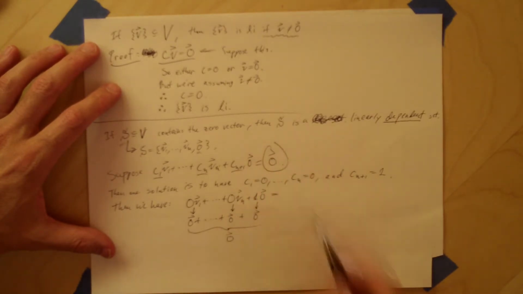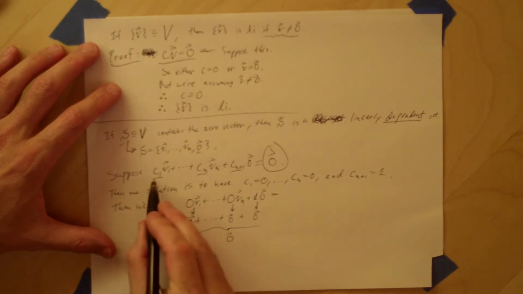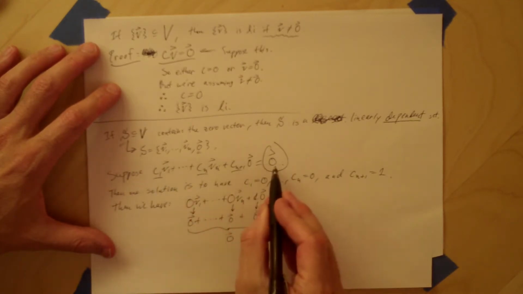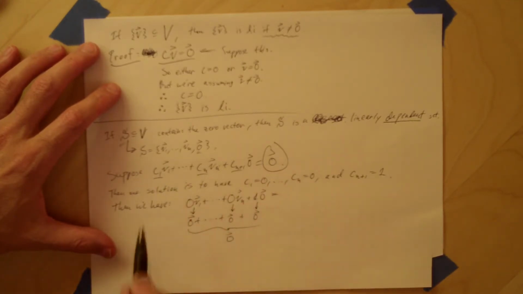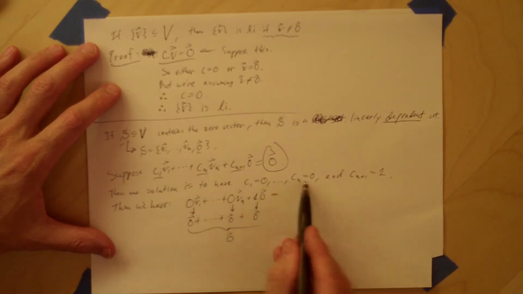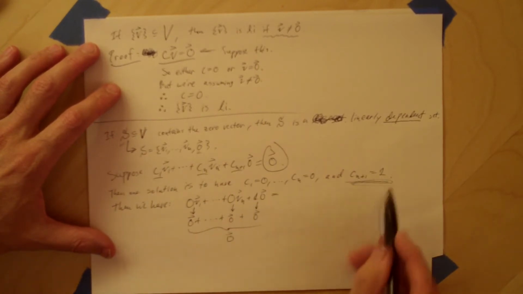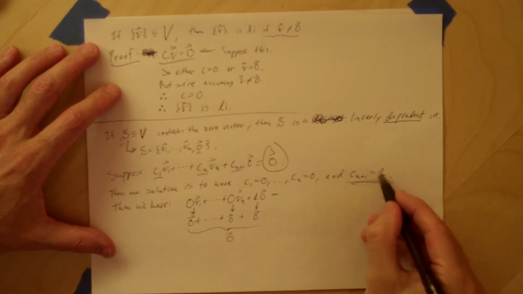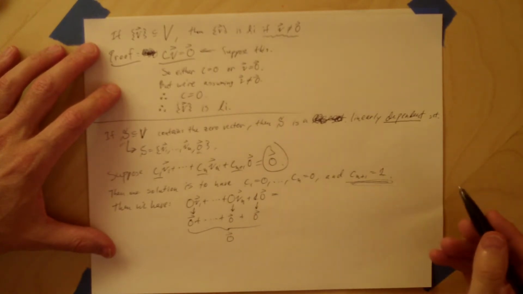So we end up with the left-hand side equal to the 0 vector, but we don't have to have all the coefficients C1 through Cn plus 1 equal to 0 to do it. The first n will be 0, and the last one can be 1. I could have let it be 2, or any other non-zero scalar would do.